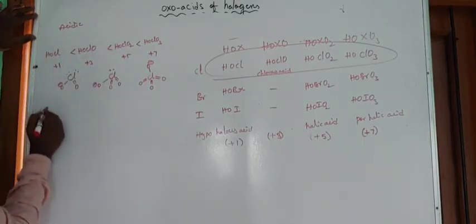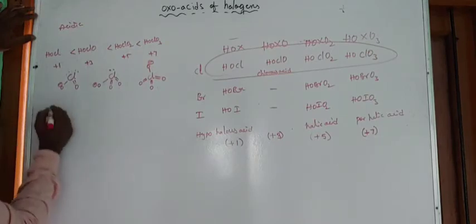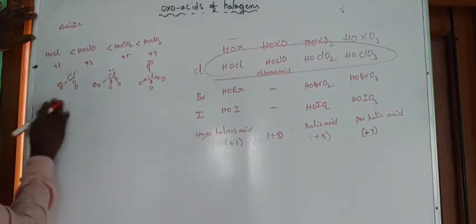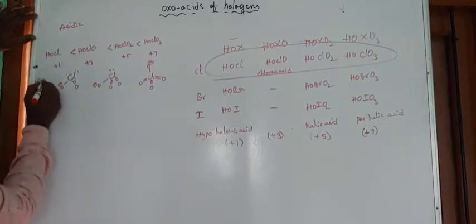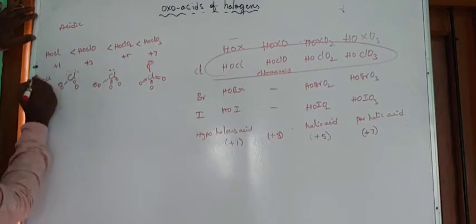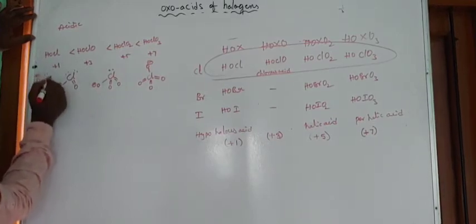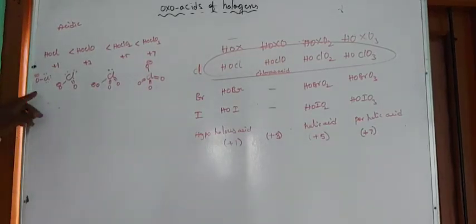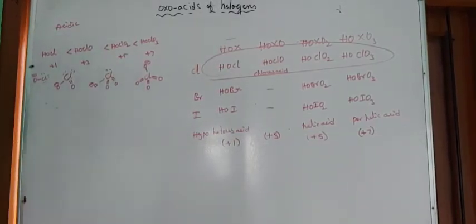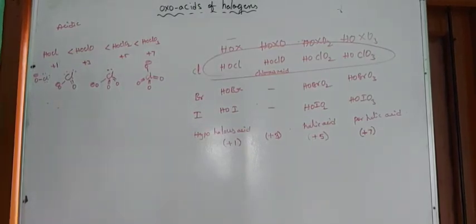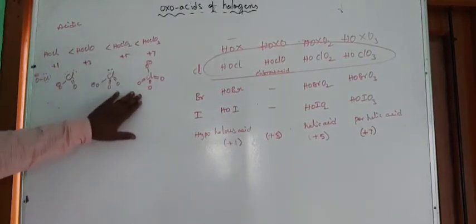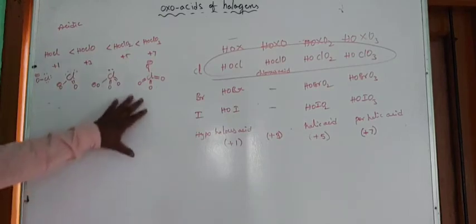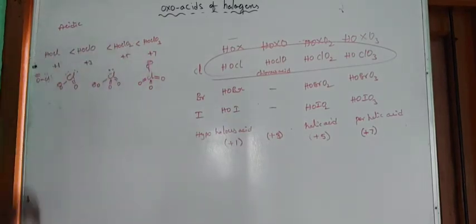Last one, here only O minus, and around this one 3 lone pairs are present. So you see guys, these all are anions, and the strength of these acids depends upon their conjugate bases. These are nothing but the conjugate bases of these acids respectively.